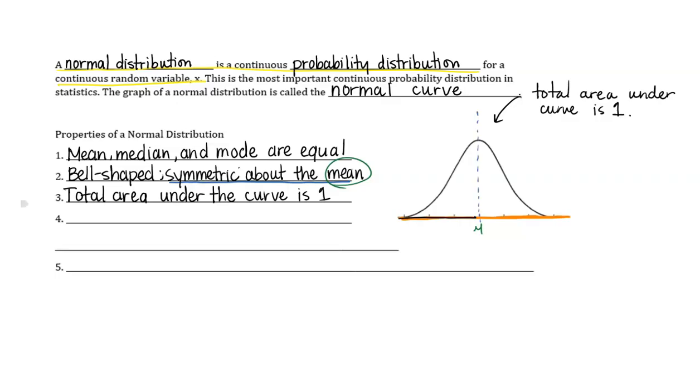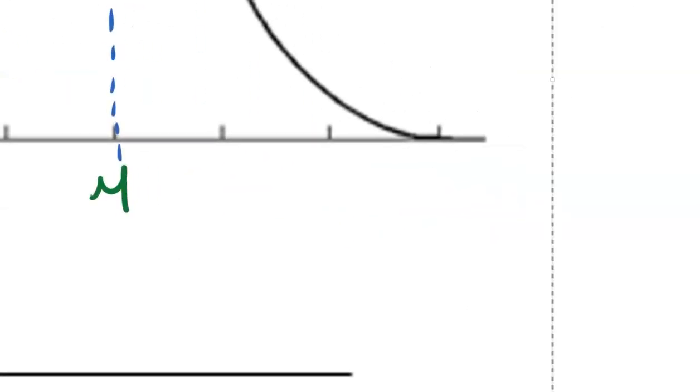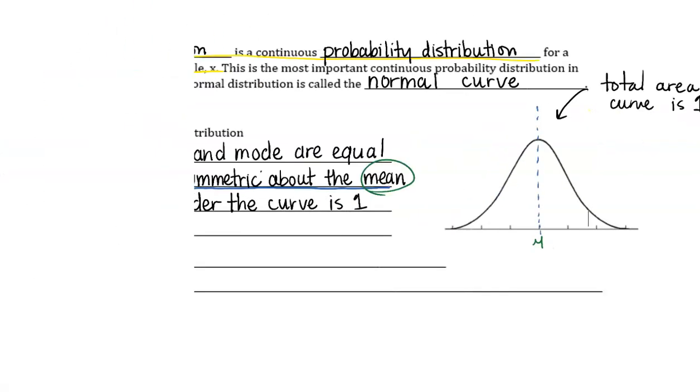The fourth fact is more of a very mathematical fact. We won't use it very much as we do our calculations or look at problems, but it is that this curve approaches but never touches the x-axis. I know it does look like on this graph that it touches the x-axis, but the curve just gets closer and closer to the x-axis and never actually touches it.